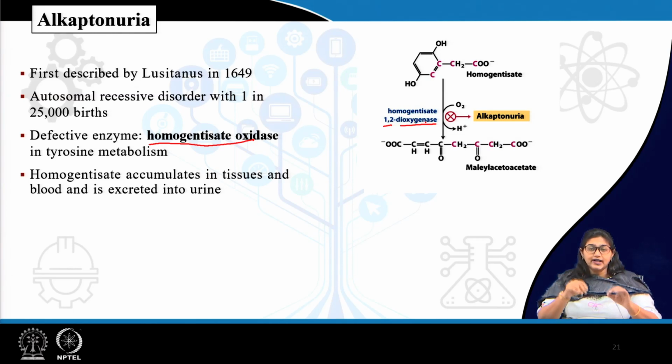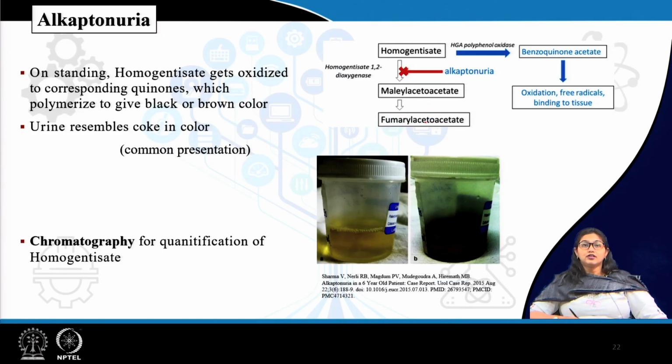Now, what happens? Because there is homogentisate accumulation, it is accumulated in different tissues, levels are very high in blood, and it is also excreted in urine. The commonest manifestation is that urine becomes black if it is kept for a long time.